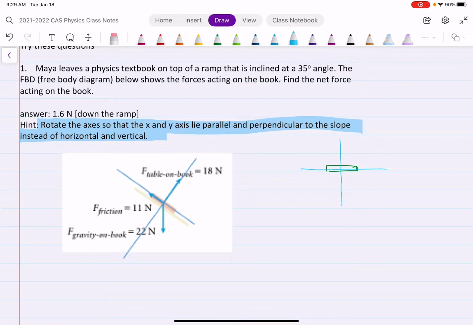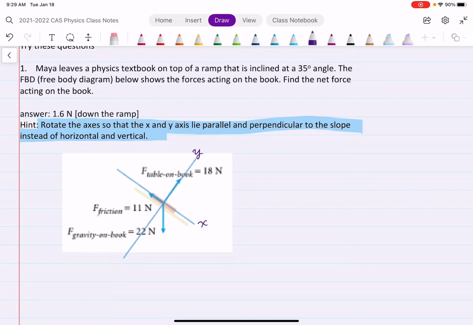The normal up and down. But what I want you to do is just imagine rotating these axes so that they align with the potential movement of the book. I'm going to erase this so we're not confused. But you can see from this diagram that the y-axis is up here and the x-axis is down here.